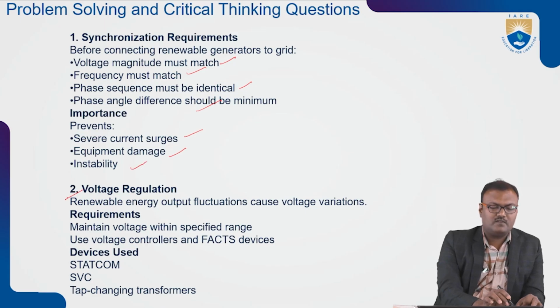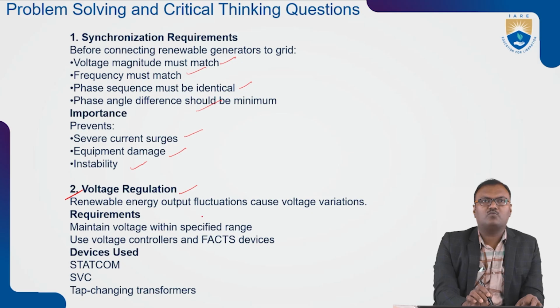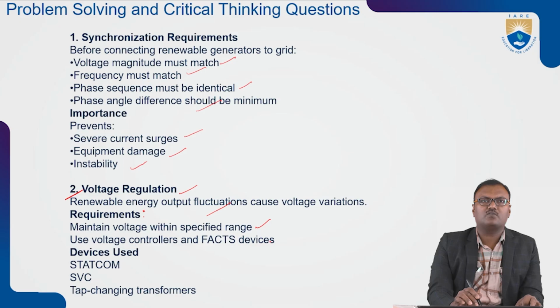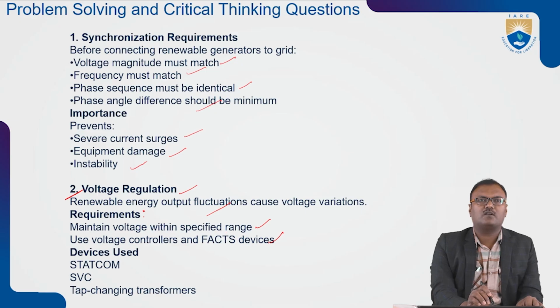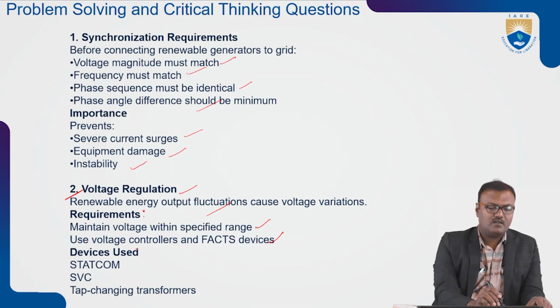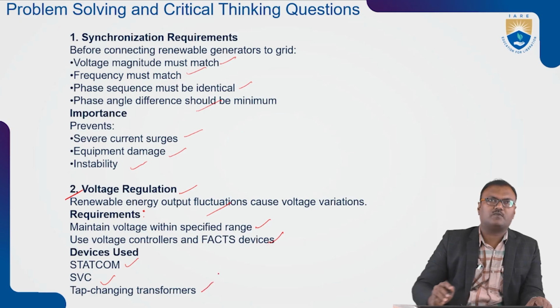The next one is voltage regulation. Renewable energy output fluctuations cause voltage variations, and the requirement is to maintain voltage within a specified range, using voltage controllers and FACTS devices. FACTS devices, that is flexible AC transmission system devices, include STATCOM, the static compensator, SVC, the static var compensator, and then tap changing transformers.